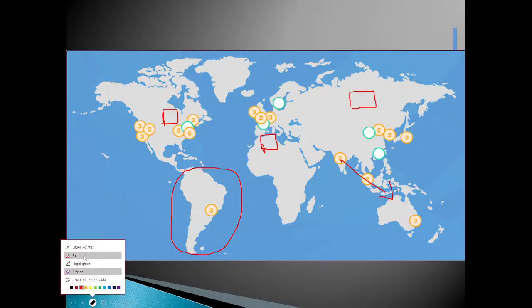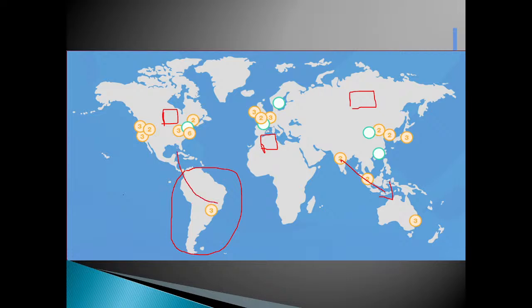Previously it was latency based, but here I can select that all the requests coming from South America will go to this machine. All the requests coming from the Asian-specific region will go to this machine.